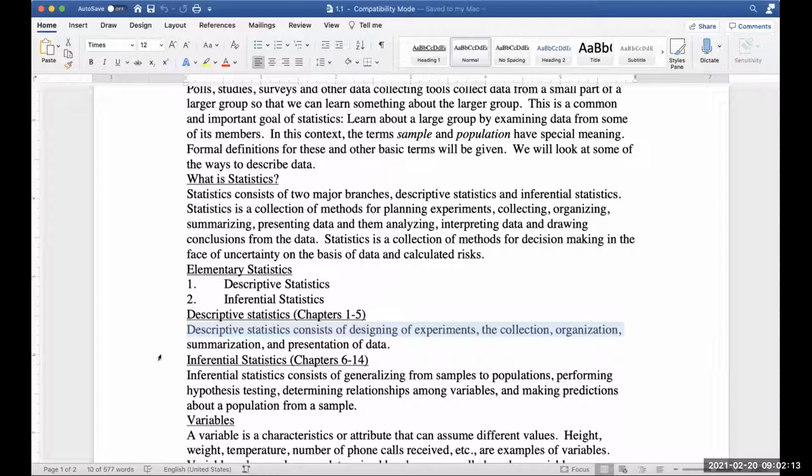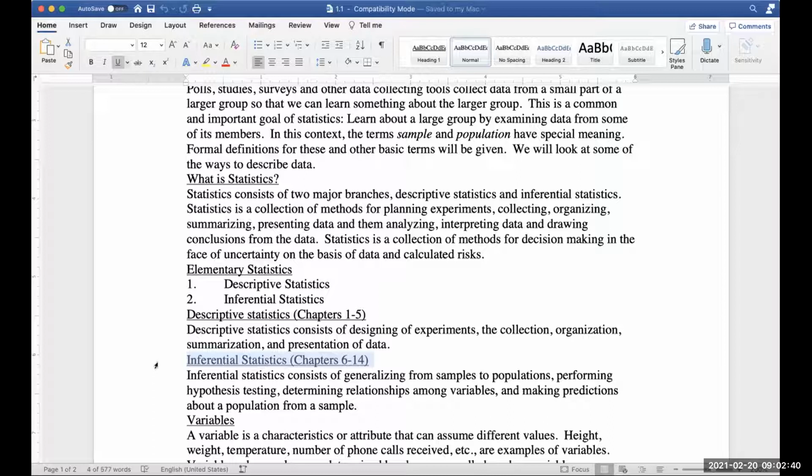So somehow we want to get data, and we want to somehow describe it either graphically or numerically. So the first third of the course will involve the describing of the data.